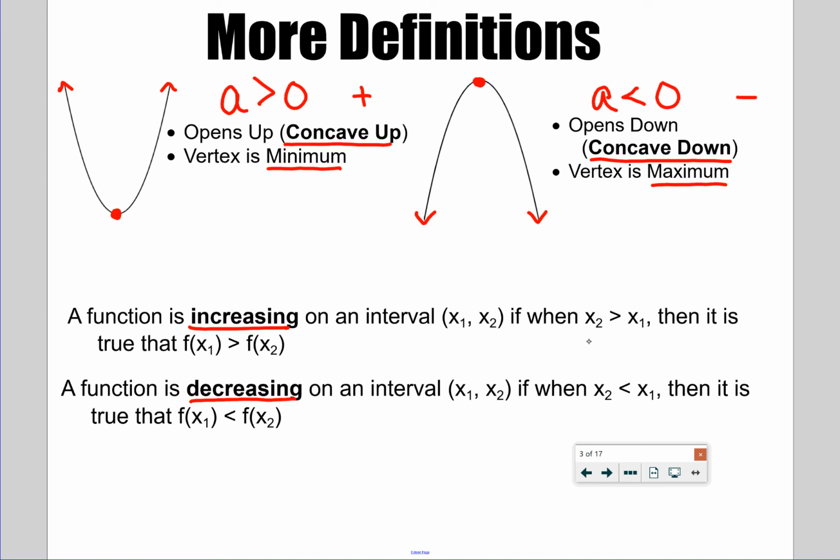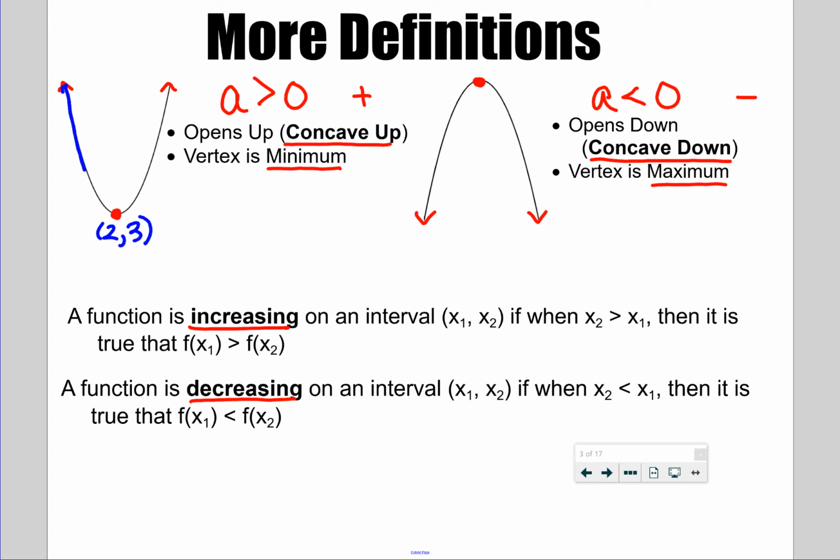If the values are going up or the graph is increasing, we say that between those two x values, the graph is increasing overall. And if we're reading the graph from left to right and the values are going down, then we say that that portion of the graph is decreasing. So let me give you an example. Let's say my vertex was the point (2, 3) on this parabola.